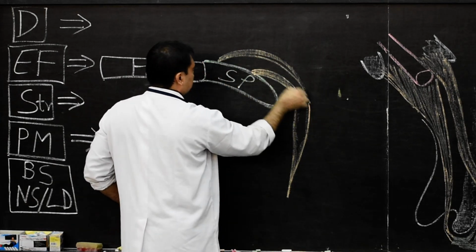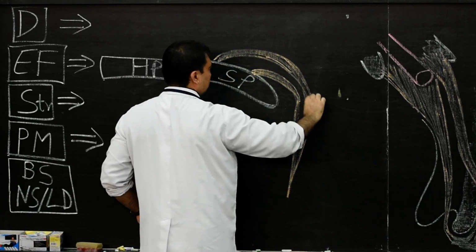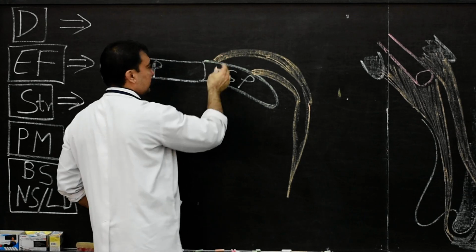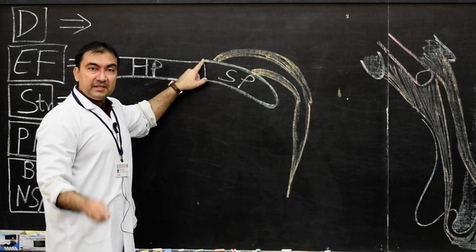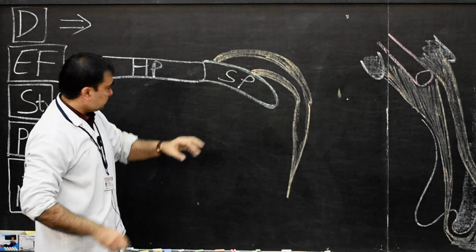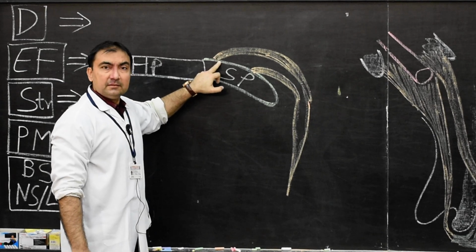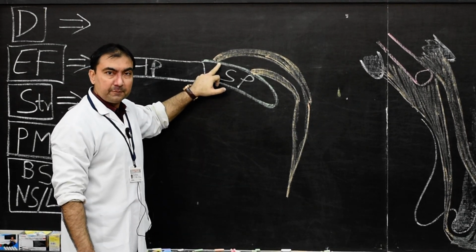Now, origin. The anterior belly of palatopharyngeus muscle will take origin from the posterior border of the hard palate and the upper part of the posterior surface of the soft palate.